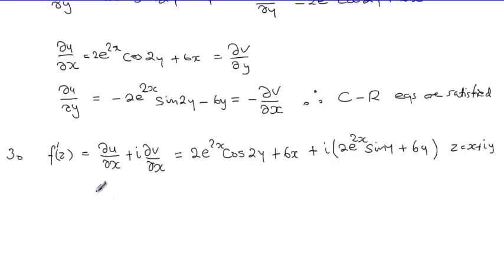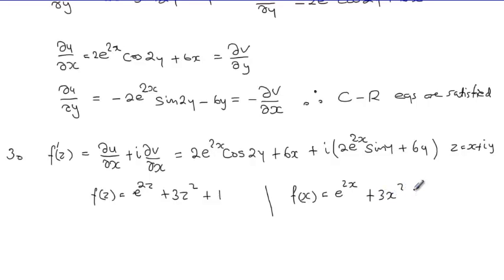Since we've got f(z) equals e^(2z) plus 3z squared plus 1, this parallels a function of real variable f(x) equals e^(2x) plus 3x squared plus 1, whose derivative f prime of x is 2e^(2x) plus 6x.